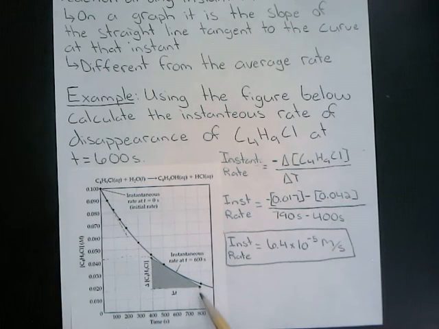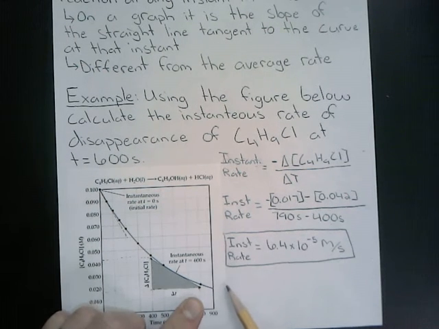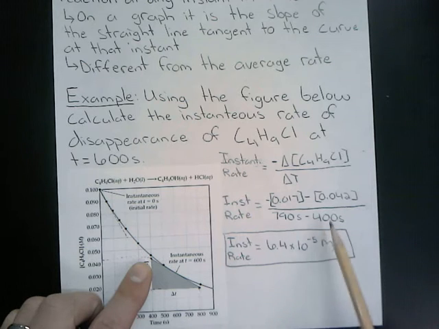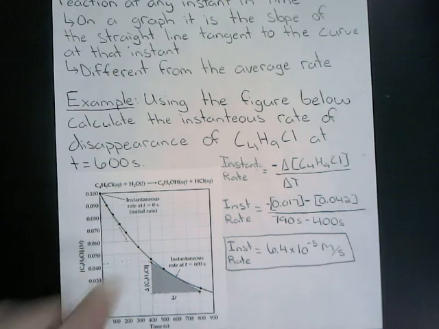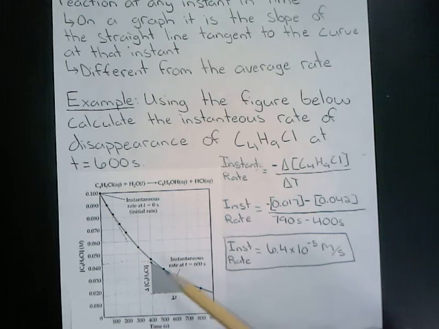You always take the bottom point minus the top point, and then that becomes our value. So you always want the furthest in time first, subtracted by the latest in time. This would be, quote unquote, the starting of what we're trying to find. But that's how we would calculate the instantaneous rate.